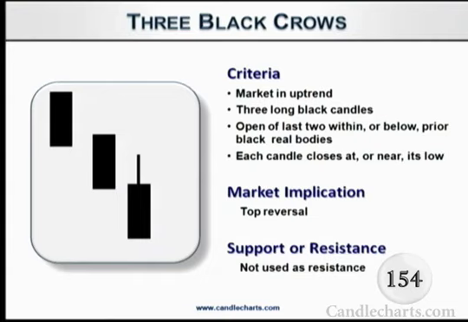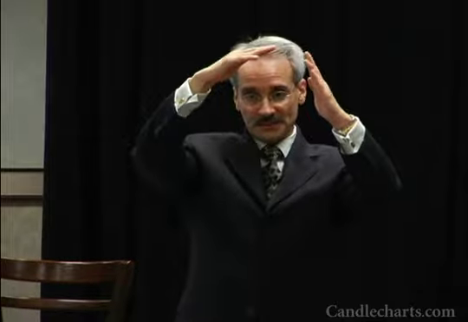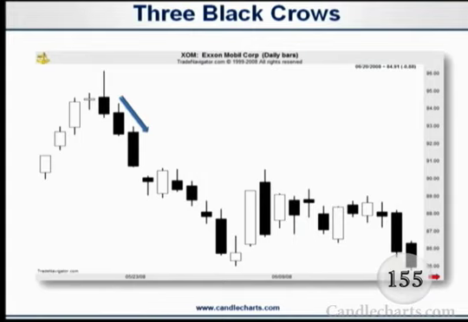I haven't seen 50% retracements into this. The three soldiers I see frequently; the few times I see them, the market moves up, and I do see corrections. With the three crows, a lot of times I don't see corrections. And once again, there might be things to do with options if you see something like this. Okay?